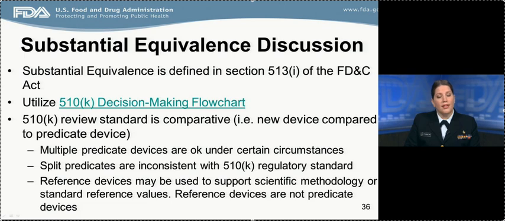And lastly, the guidance addresses a new term called reference devices. Reference devices may be used to support scientific methodology or standard reference values. Reference devices are not predicate devices. Therefore, reference devices typically won't come into your 510(k) until around decision point 4. So please keep that in mind when you're providing your substantial equivalence discussion.